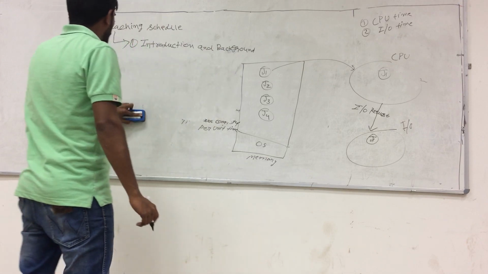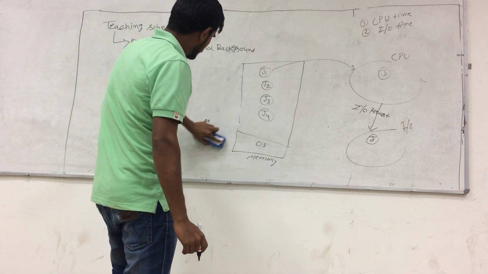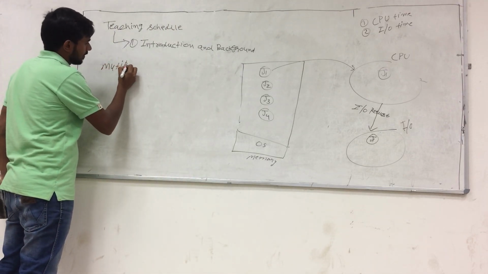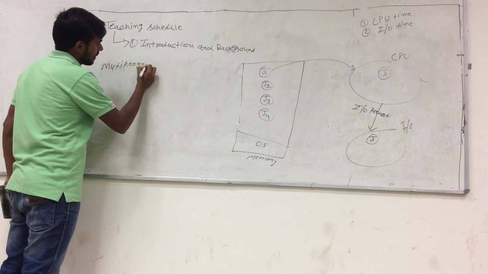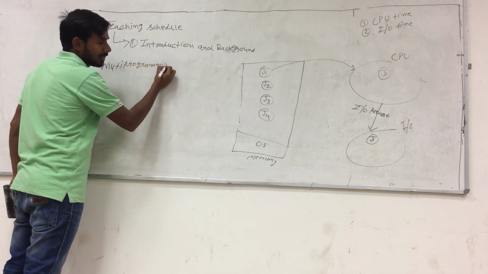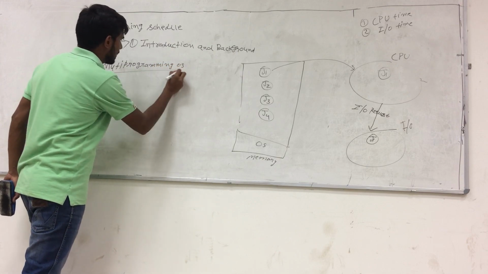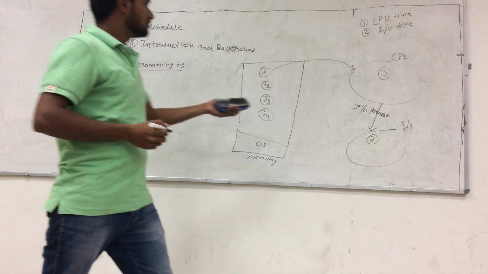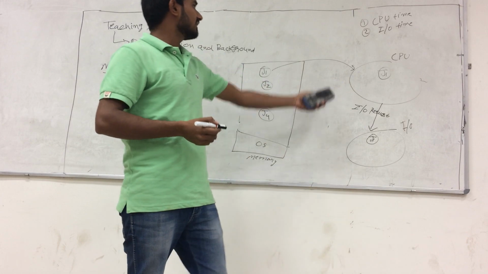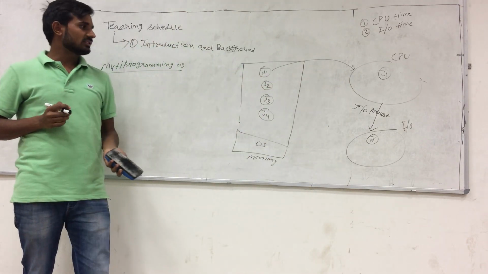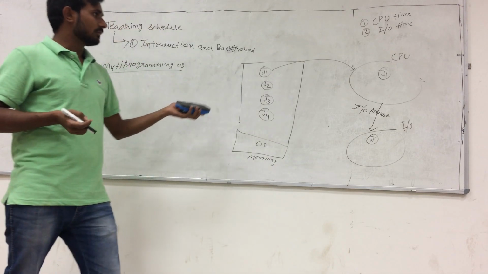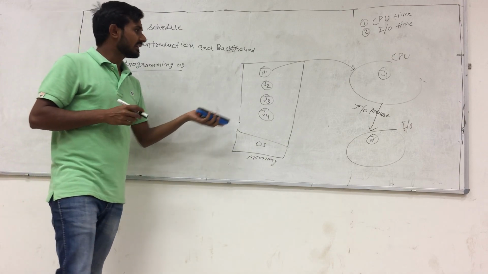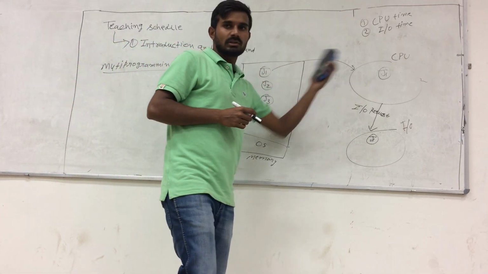Now we have to discuss the second type of the operating system, which is multi-programming operating system. In multi-programming operating system, if any job leaves the CPU to perform some IO operation, then another job which is ready for execution will be scheduled to the CPU.